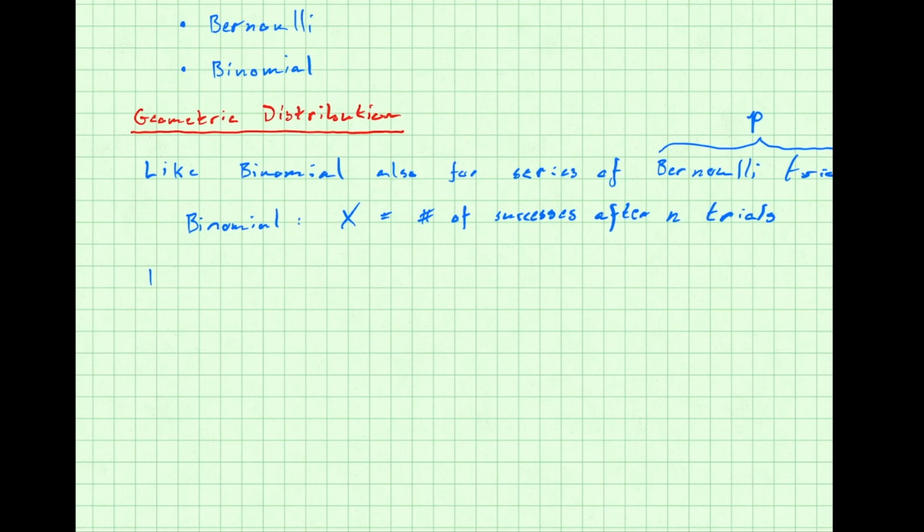This time, we deal with the geometric distribution, and it's a bit different. Here, X is going to be the number of trials needed before your first success. It turns out this has a simpler distribution.